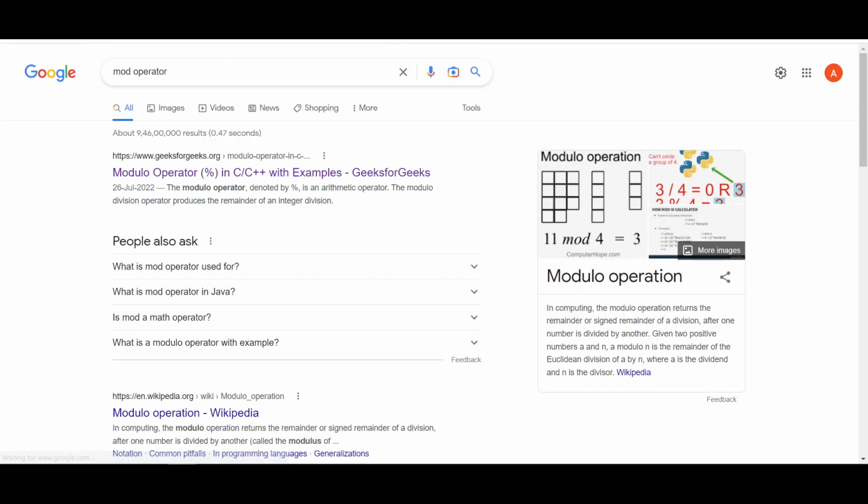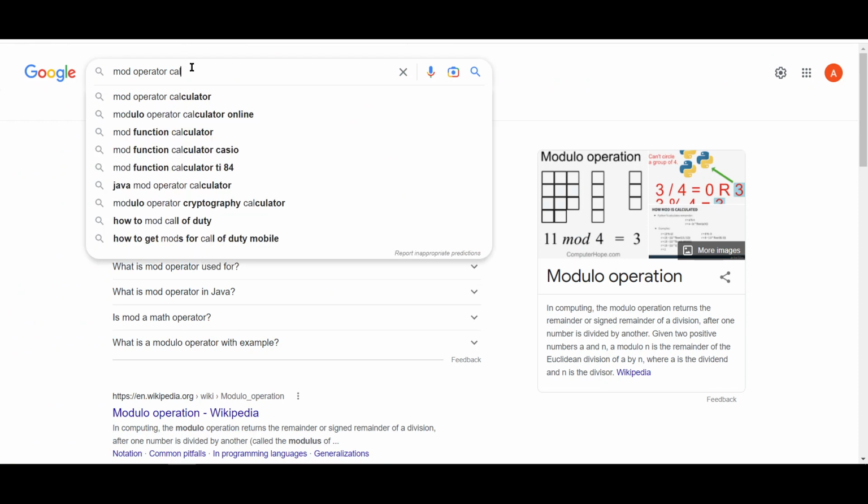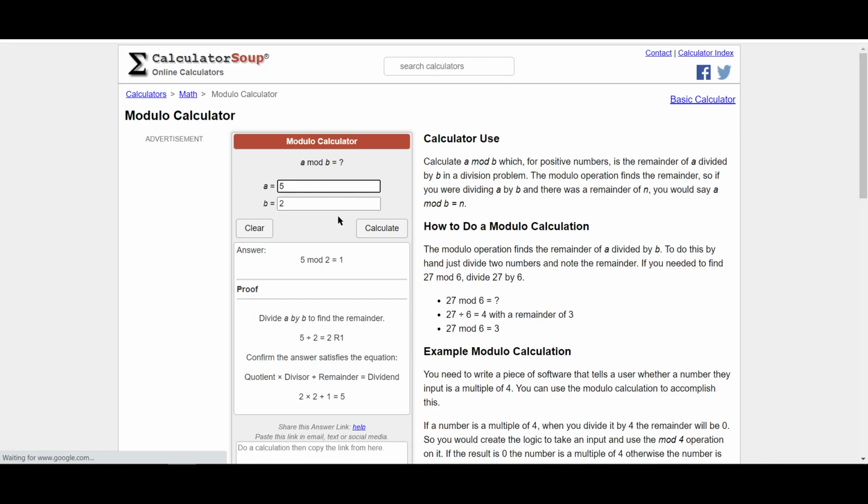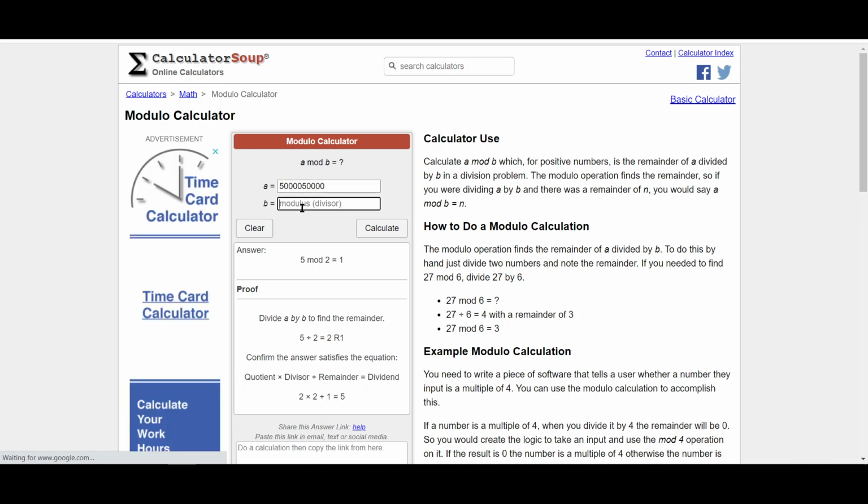I want 10 to the power 9, so 1, 2, 3, 4, 5, 6, 7, 8, 9, and 10 to the power 9 plus 7.